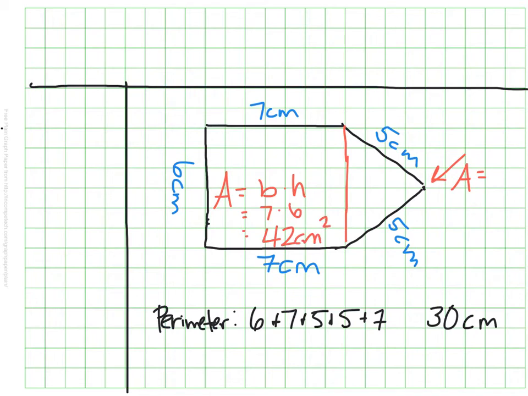So that's pretty normal. For my triangle, I'm going to do the same thing, but it's base times height, and then I have to divide by 2. Here you have to be a little bit more careful. So I'm going to kind of imagine my triangle being flipped around here, and this red line is going to be my base. So the base is 1, 2, 3, 4, 5, 6 centimeters, just like it was across from it.